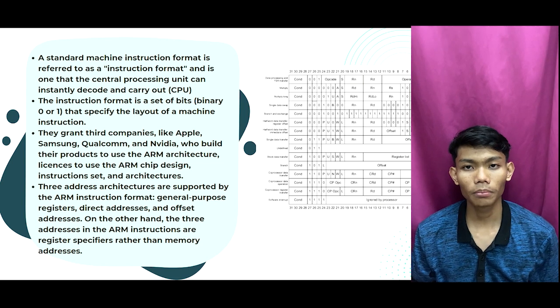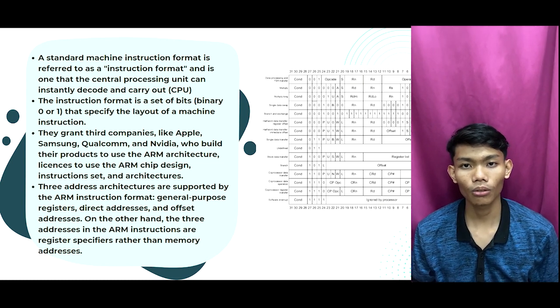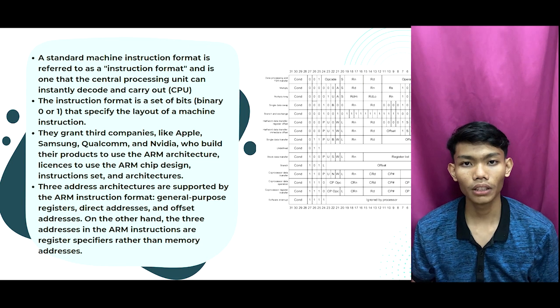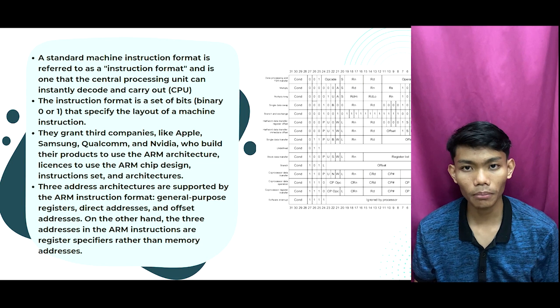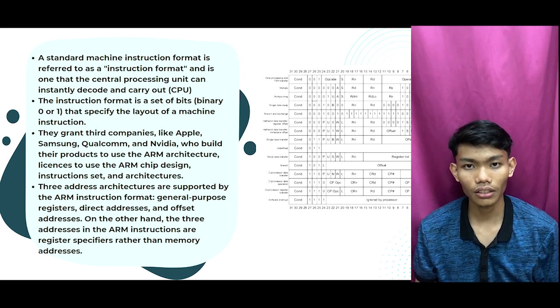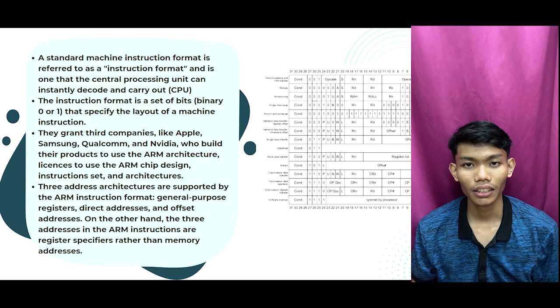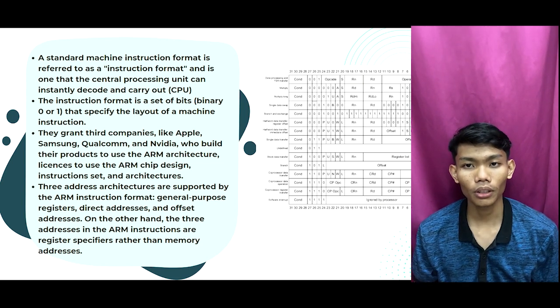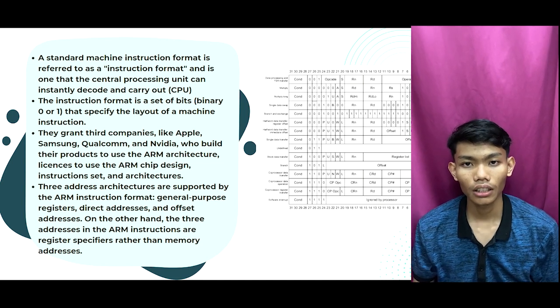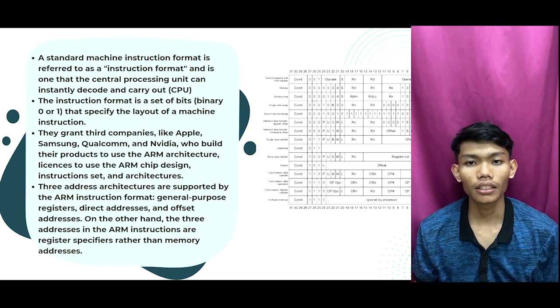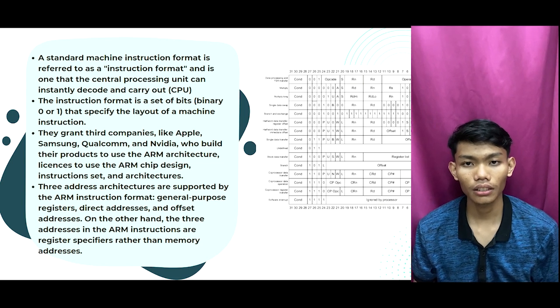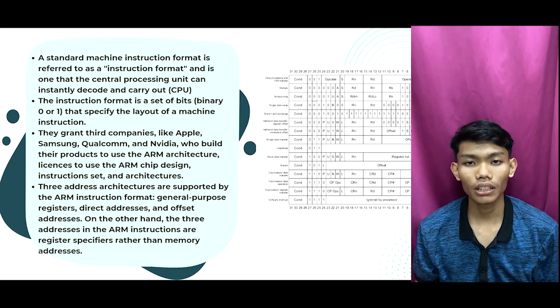Companies like Apple, Samsung, Qualcomm, and Nvidia were granted an ARM architecture license to use the ARM chip design, instruction set, and architecture. Three-address architecture is supported by the ARM instruction format: general purpose register, direct addresses, and offset addresses. On the other hand, the three addresses in the ARM instructions are register specifiers rather than memory addresses.